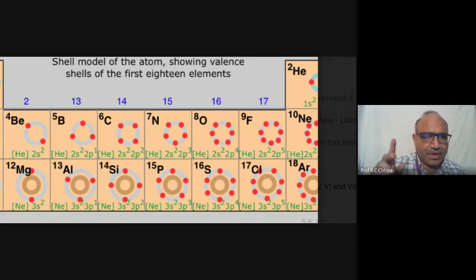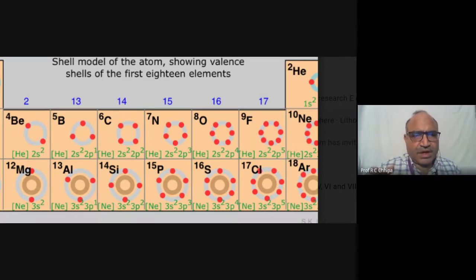Here the shell model clearly indicates the requirement to complete the octet. For example, boron needs 5, then carbon needs 4, nitrogen needs 3, respectively. Oxygen needs 2.